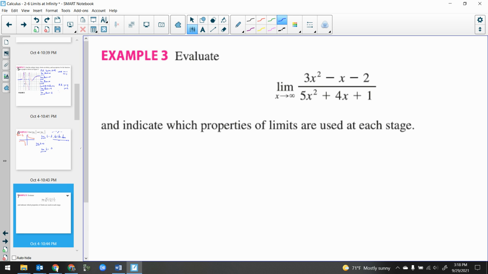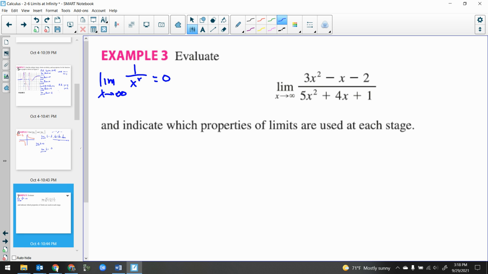One thing that I have to tell you guys, and this was in the book, is that the limit as x goes to infinity of 1 over x goes to 0. But if I have 1 over x to the r power, meaning any power, 1 over x squared, 1 over x to the third, 1 over x to the fourth, that's always going to equal 0.